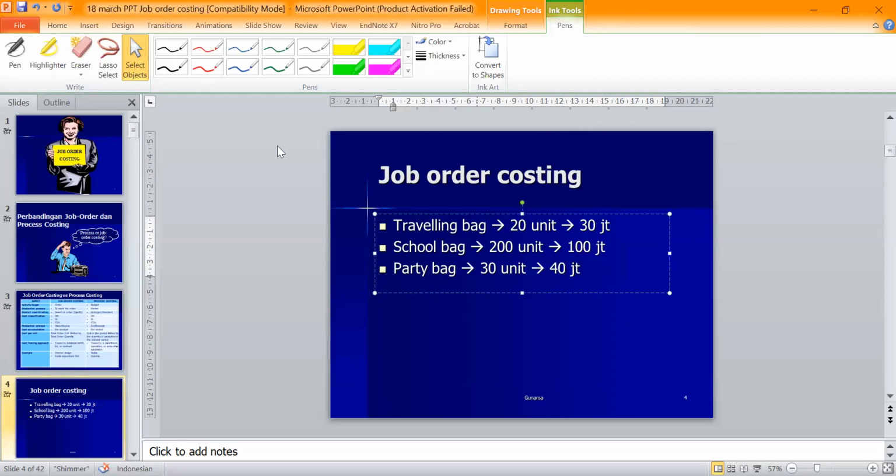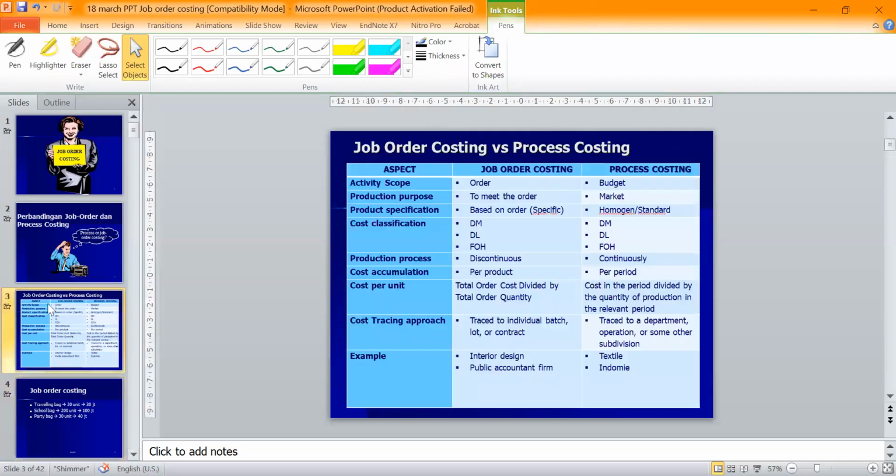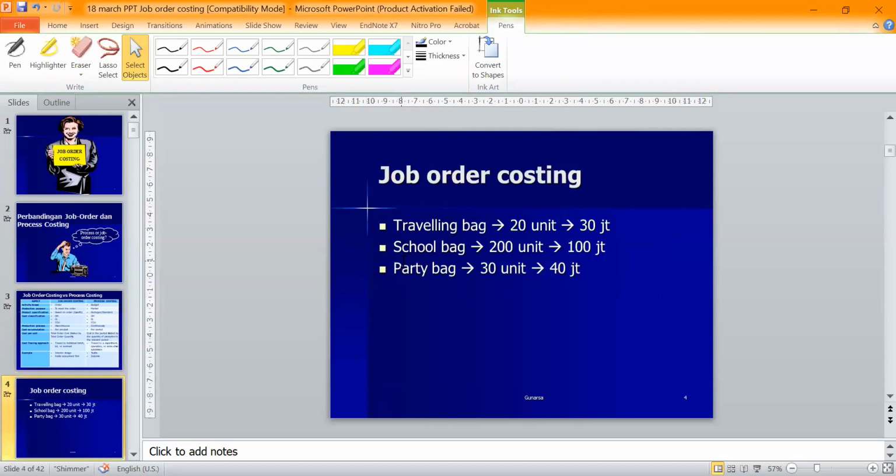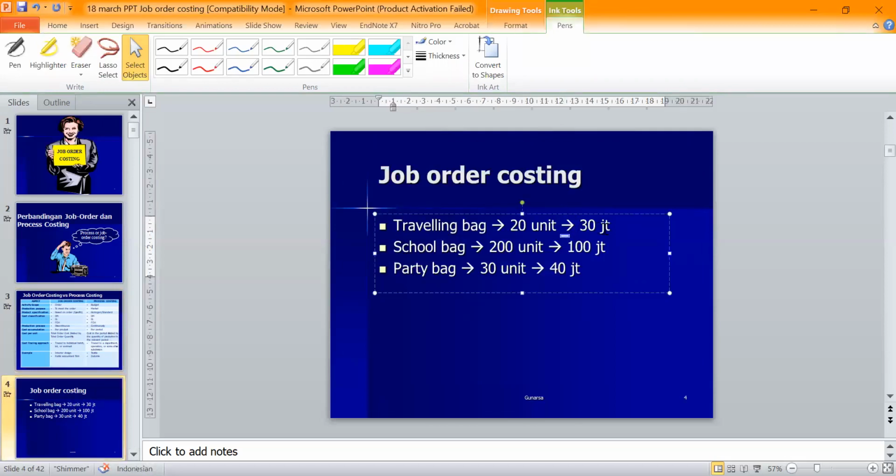So when we want to know how much the cost per unit for each type of bag, we literally only divide this number with this number. So that is the cost of production per unit for the traveling bag. And this is the same procedure we also apply for school bag and party bag to compute how much the cost of production per unit.